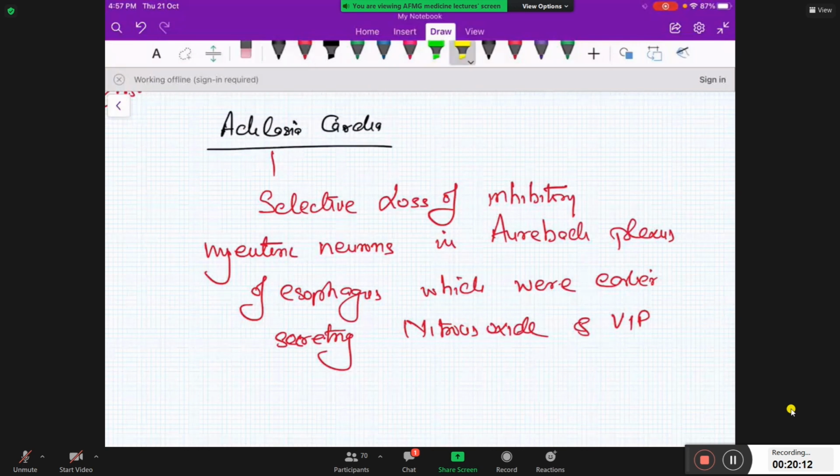Every word has an MCQ here. Selective loss of inhibitory myenteric neurons, Auerbach plexus, nitric oxide, and VIP, vasoactive intestinal peptide.